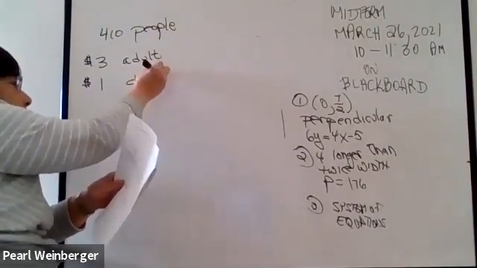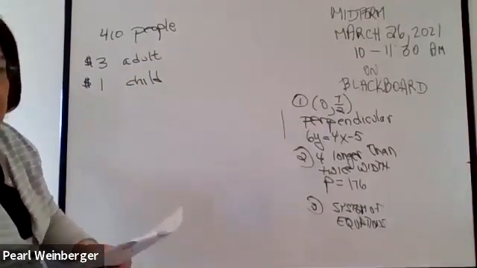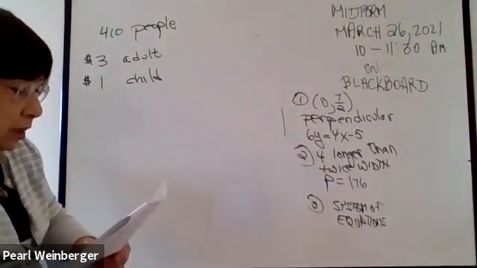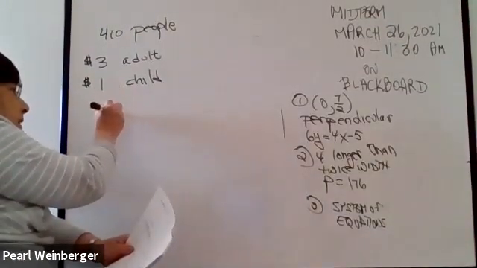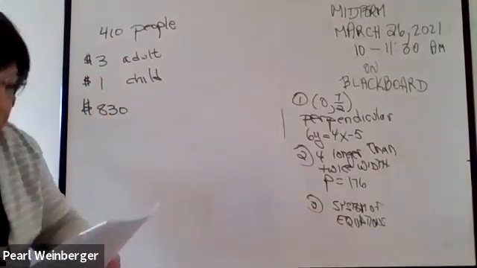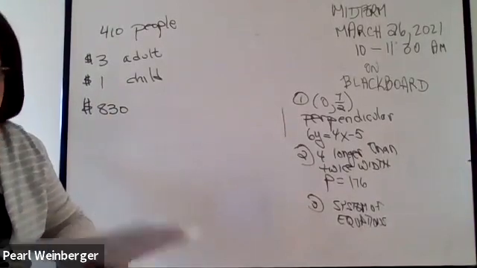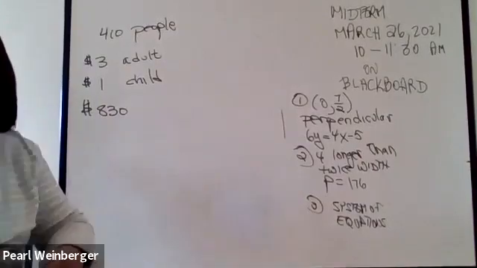So there are two types of tickets. One is adult, they charged only $3 for, and for the children, they only charged $1. And the total amount of money they made at this play was $830. And they want to know how many adults and how many children attended this play.